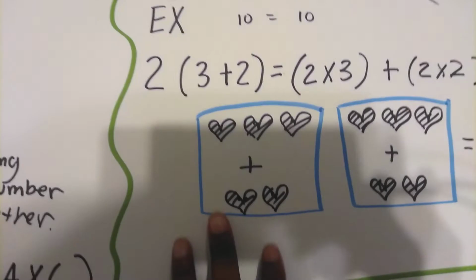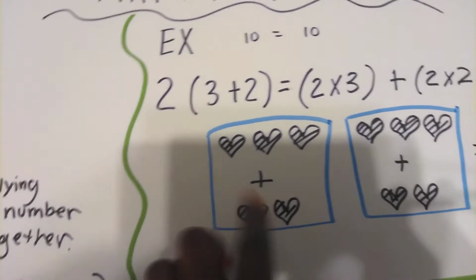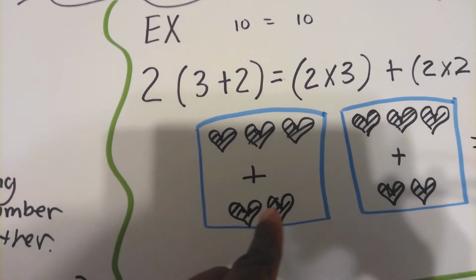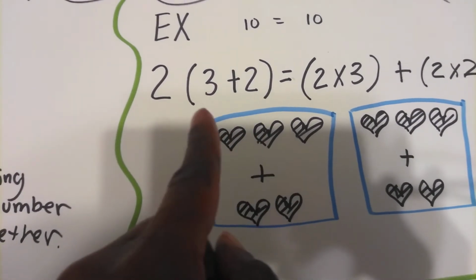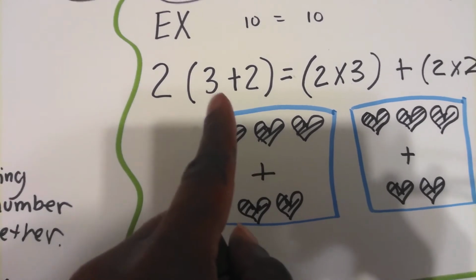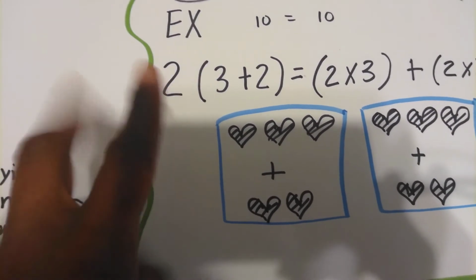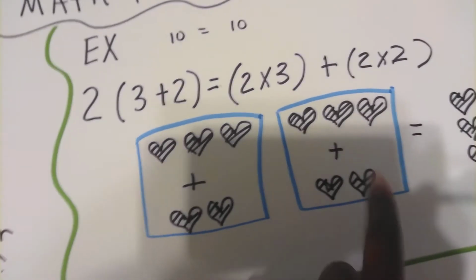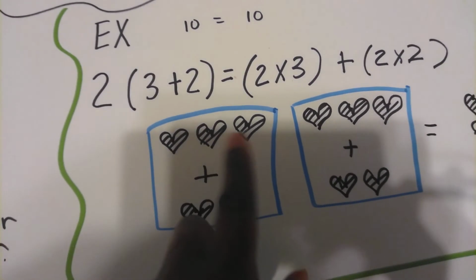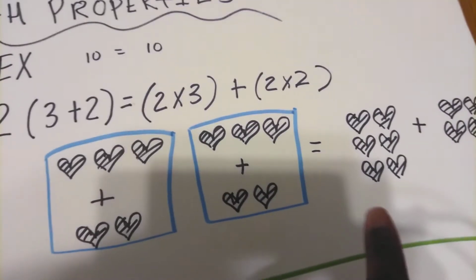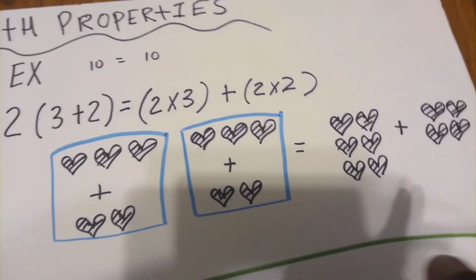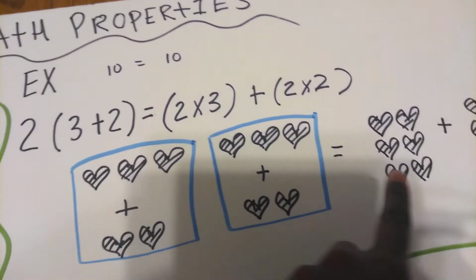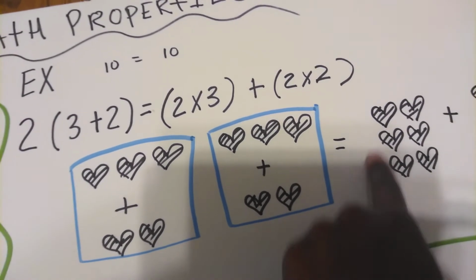And here's our visual image of that. There shows the 3 hearts plus the 2. That's the representation of what's in the parentheses, and the 2 means there's 2 of them. When you count all the hearts inside, you'll get the same as the 2 by 3 hearts.